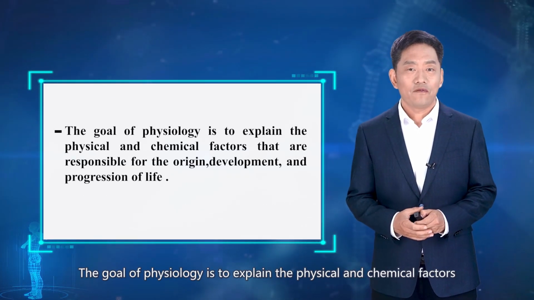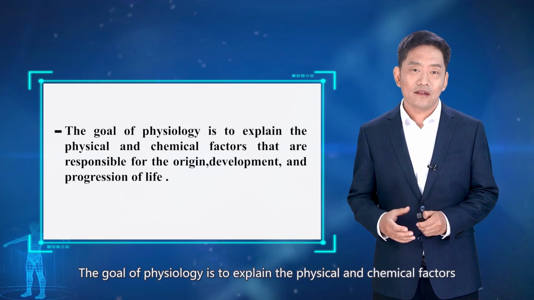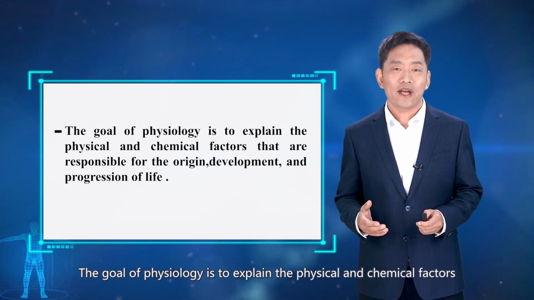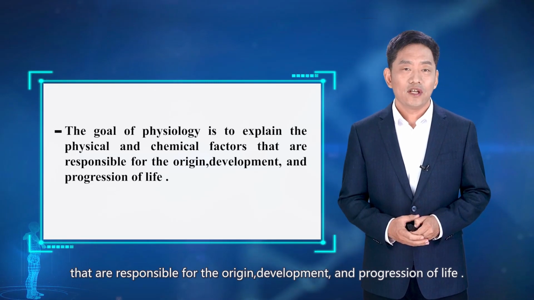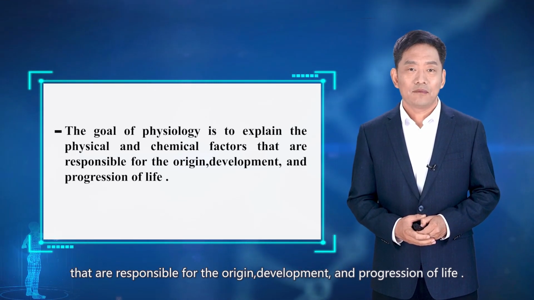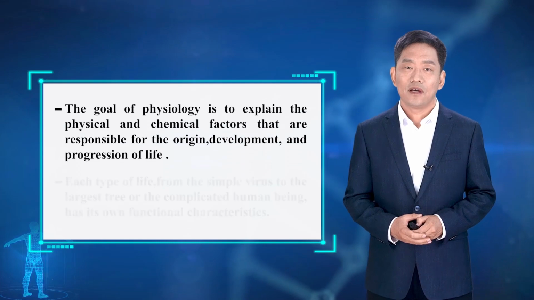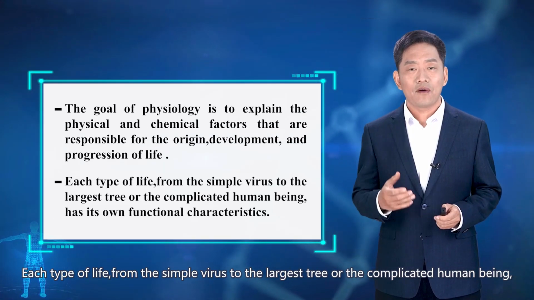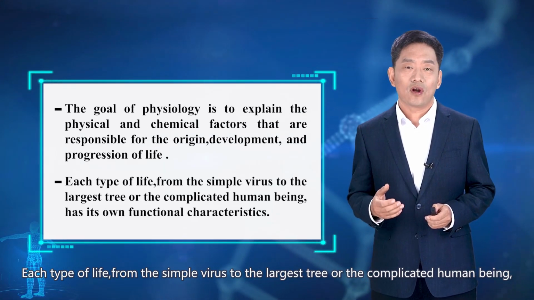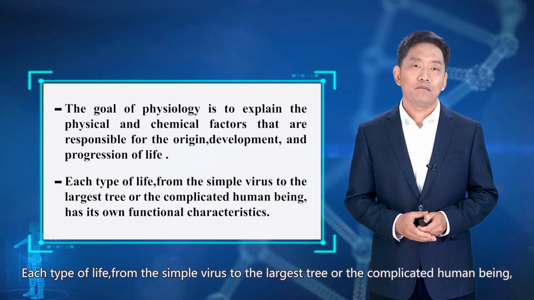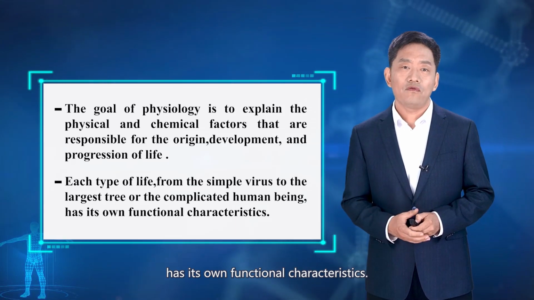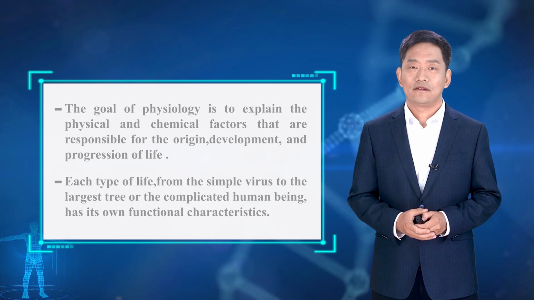The goal of physiology is to explain the physical and chemical factors that are responsible for the origin, development, and progression of life. Each type of life, from the simple virus to the largest tree or the complicated human being, has its own functional characteristics.